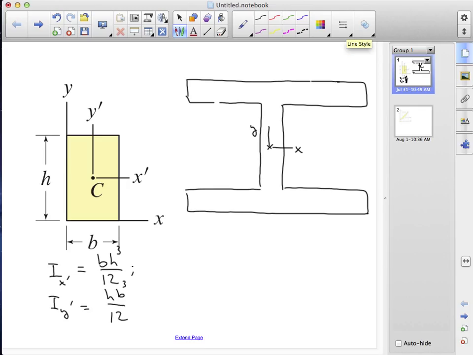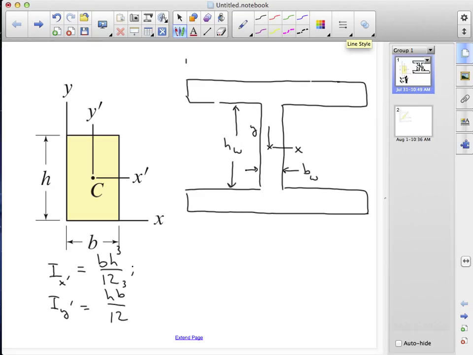As a reminder, we have these centroidal expressions for area moments of rectangular shapes. We'll let this distance be the span of the webbing, and this distance be the height of the webbing. It's often the case that our I-beam is symmetric about top and bottom. The flanges have the same dimensions.